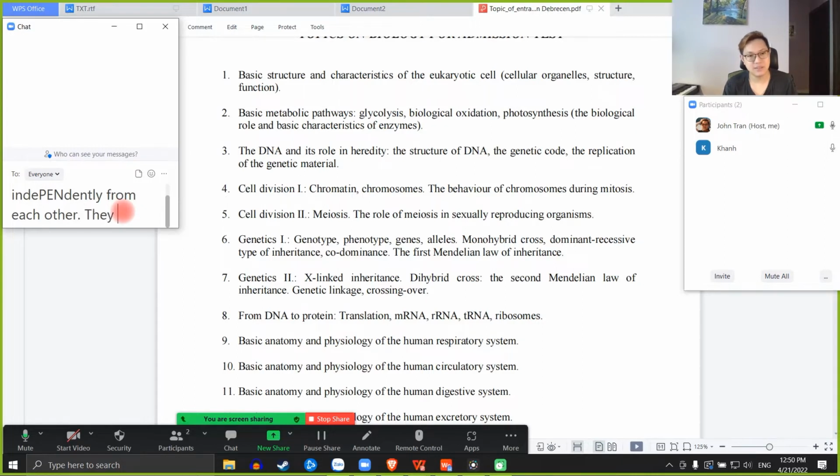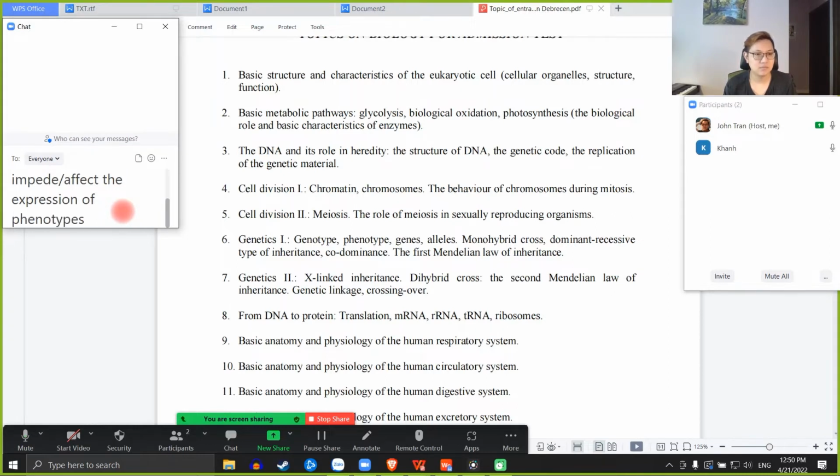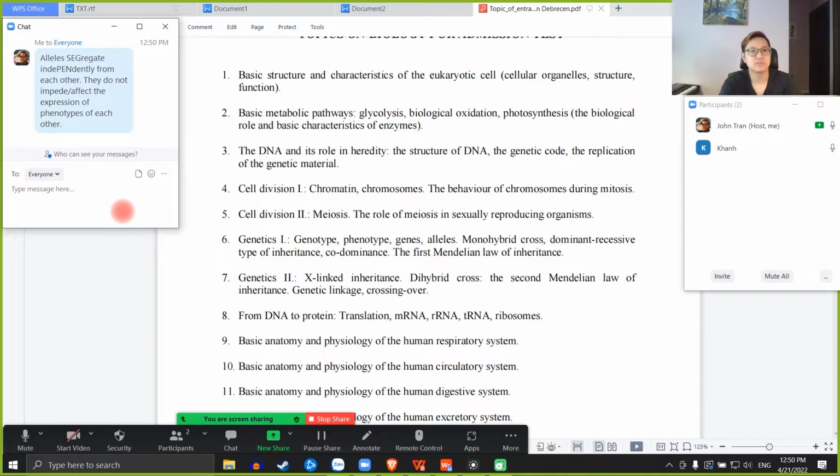Then of course they do not impede or affect the expression of phenotypes of each other. They do not affect or impede the expression of phenotypes of each other.